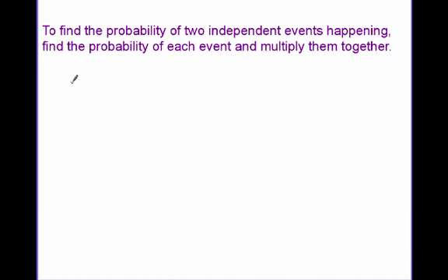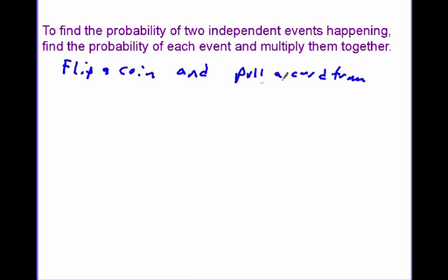Let me give you a quick example. Let's say I flip a coin and pull a card from a deck. Okay, so I'm going to flip a coin, and then I'm going to pull a card from a deck.